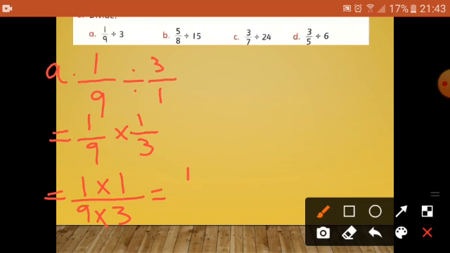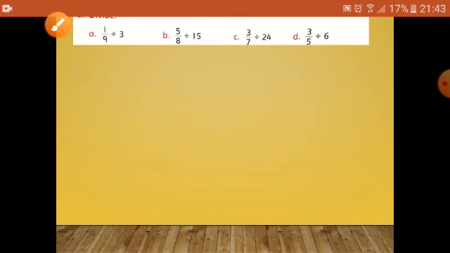So 1 times 1 is 1, and 9 times 3 is 27. I hope you understand the procedure of dividing fractions with whole numbers, and how to write the fraction and then how to convert this. Let's do another example.